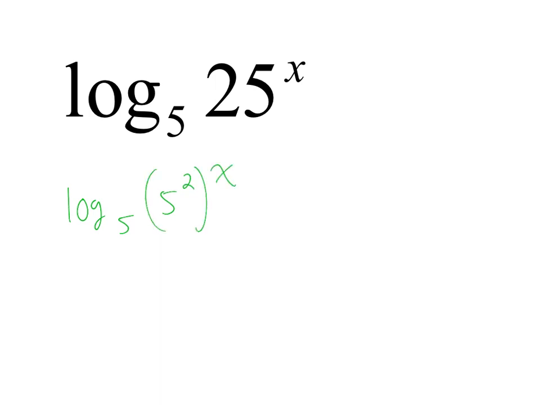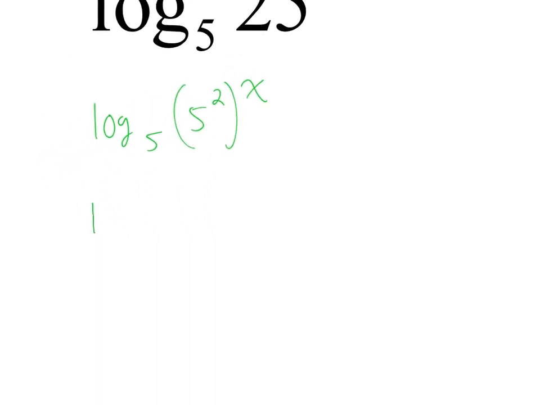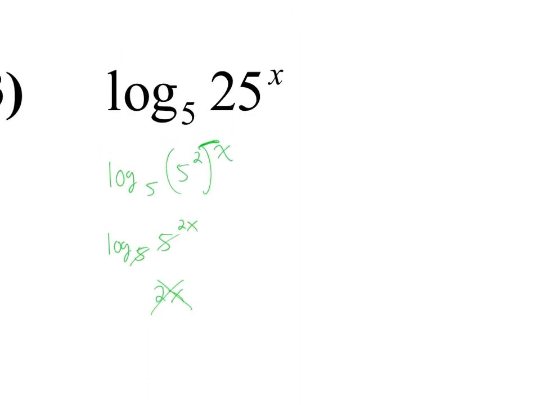So this is not exactly what we're looking for because another way to rewrite this, if we wanted to cancel out the log and the exponent, is log base 5 of 5 squared, which I can rewrite as 5 to the 2x, because this is a power of a power happening right here. And so the log base 5 and the 5 are going to cancel, but this equals 2x. So in this case, these are not inverses of each other because you get 2x instead of 1x, okay?